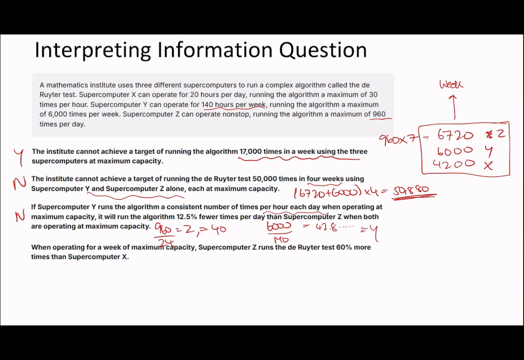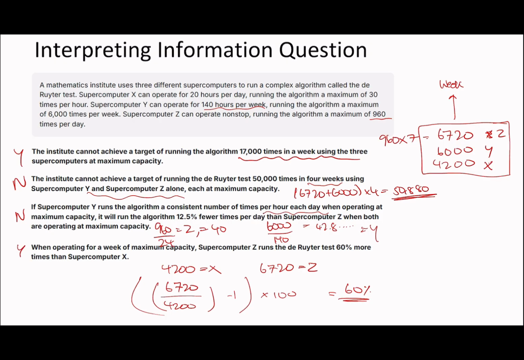So we have 4,200 for X, 6,720 for Z, and remember the fast way to do percentage change: 6,720 divided by 4,200, subtract 1, and then times that by 100, and you get 60% exactly. So this is true. So the last one is true.